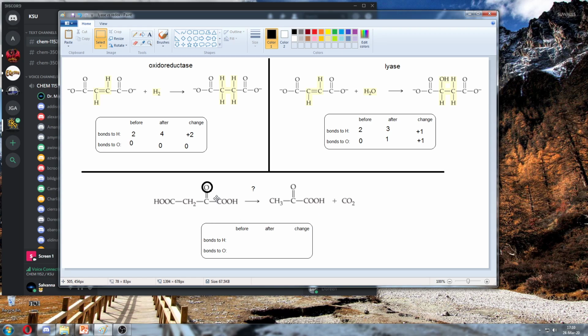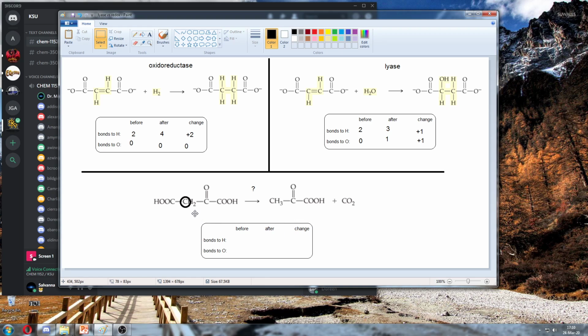It's double bonded to this O, bonded to this carbon, and also bonded to this carbon. Remember, these H's are on this carbon. And that's the same scenario here. It's double bonded to O, it's bonded to this carbon, it's also bonded to this carbon. All 3 of these hydrogens are on this carbon this time. So this central carbon's bonding partners have not changed. I can ignore it. Right?